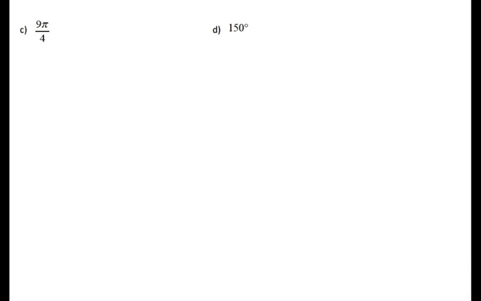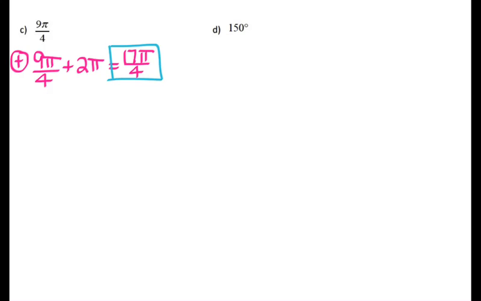9 pi over 4, again, positive coterminal angle, I'm going to add a full rotation, so I am adding 2 pi, so I have 9/4 plus 2 is going to give me 17 pi over 4. So that's my positive coterminal angle.